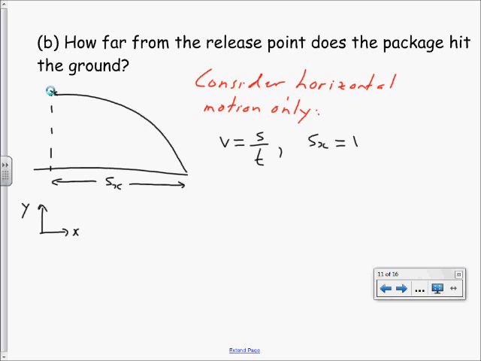S in the X direction is the velocity in the X direction times time, and that velocity was 120 meters per second, and the time was 10.1 seconds. 120 times 10.1, 1212 meters. Well, we always sort of worry about sig figs, or we're meant to worry about sig figs. 1210 meters, rounding that off to 3 sig figs.